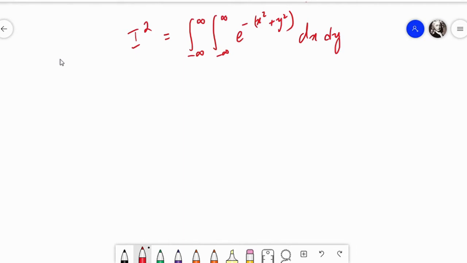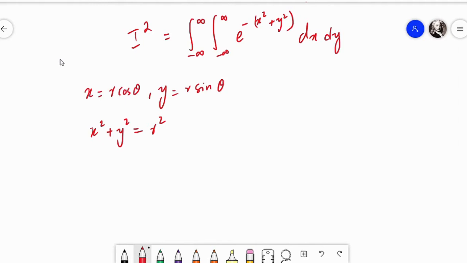Before that, let's talk about polar coordinates. In polar coordinates, x can be represented as r cos theta and y equals r sin theta. If that's the case, then x squared plus y squared is basically r squared.